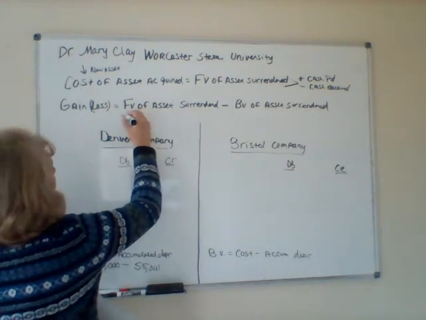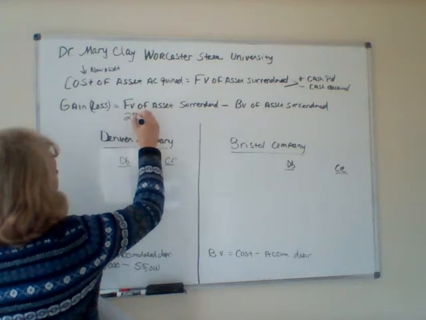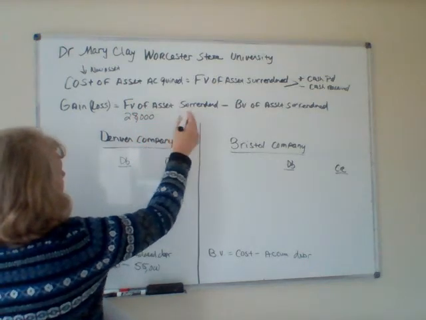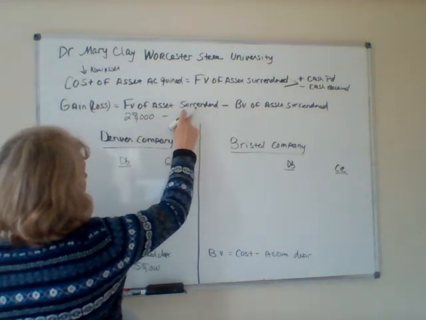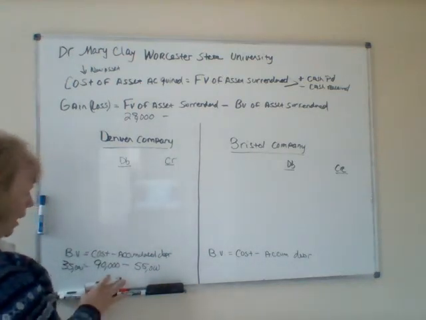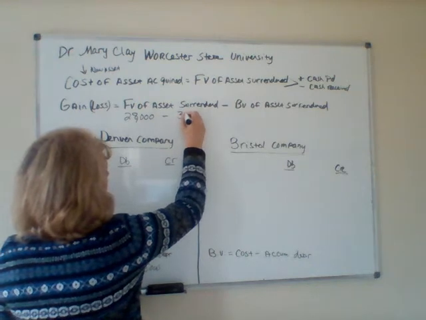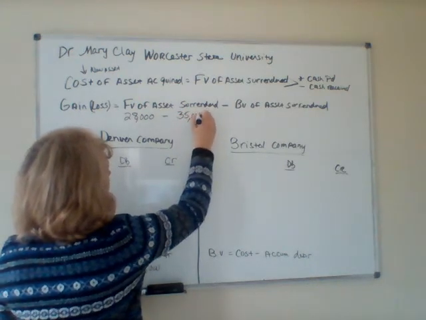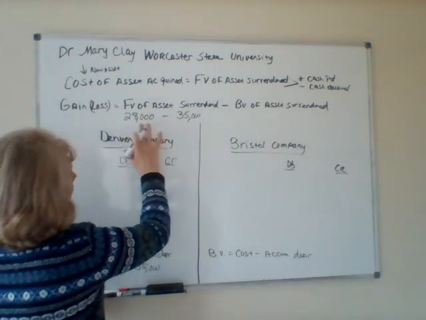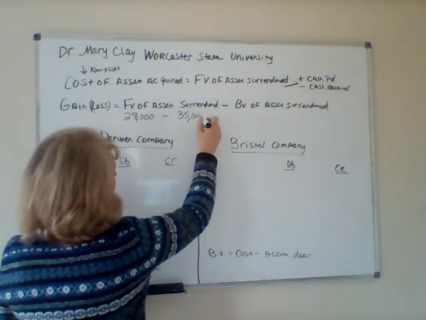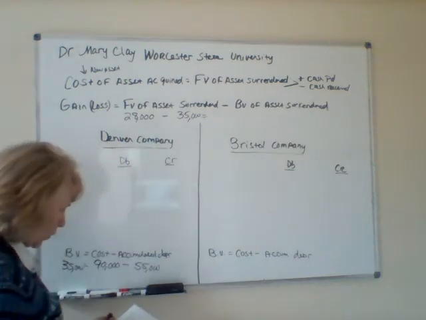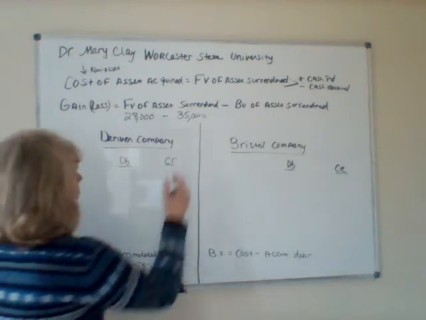They now said it was $28,000. That's the fair value of the asset surrendered, minus the book value. I just went over how to compute the book value. The book value is $35,000. Well, guess what? This is not good. My fair value is less than my book value. I take the difference between the two, and that is $7,000.